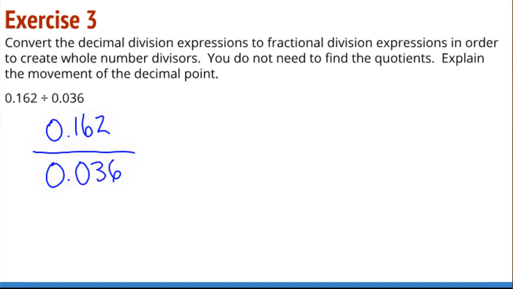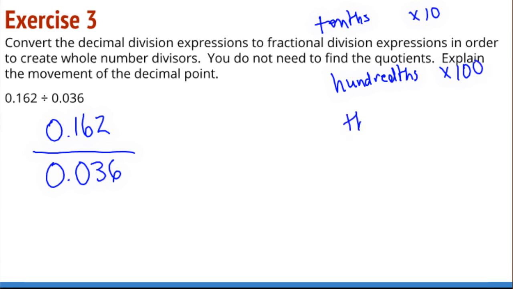By the way, I've noticed on the last couple of problems that the divisor in the first problem, in exercise 1, was tenths, and I multiplied by 10. In the last problem, the divisor was hundredths, and I multiplied by 100. And so I'm wondering if this time I read thousandths, am I going to have to multiply by 1,000? Wondering, something to check here.